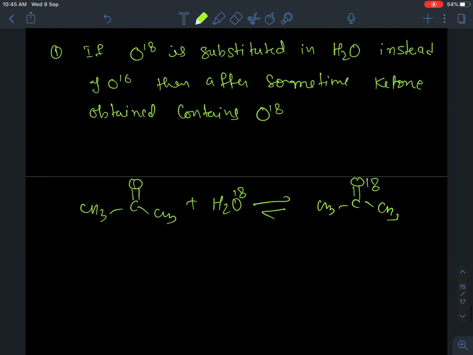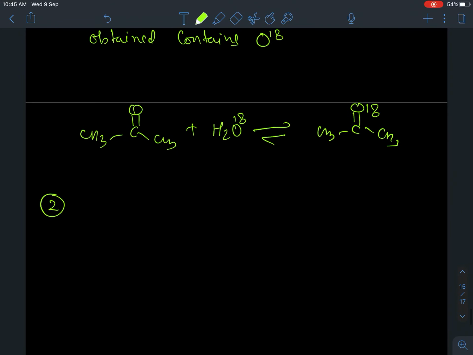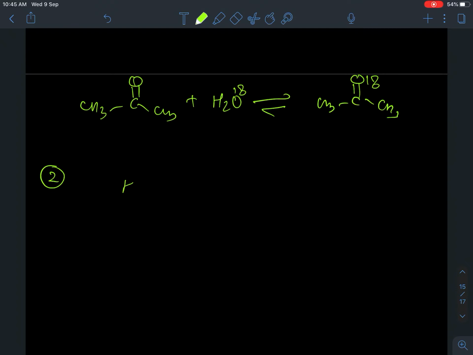This is one evidence. Number 2, this ketone, acetone, has considerable steric hindrance. But suppose I am replacing this CH3 by hydrogen and hydrogen, then you will be surprised to know that most of the molecules in water do not exist in this form.